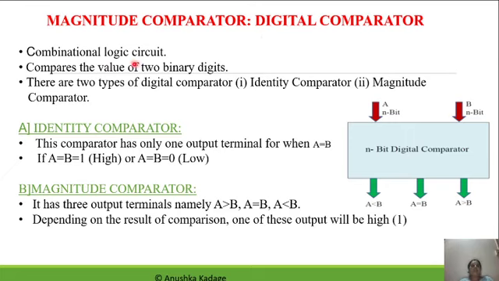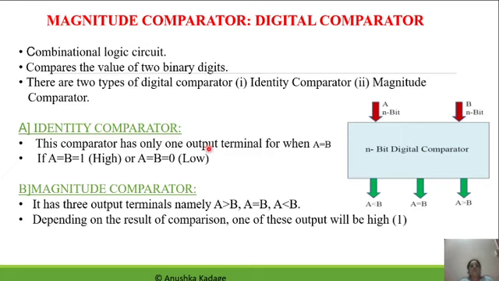That's why we say this digital comparator is going to compare the value of two binary digits. And there will be two types of digital comparators, based on how many output terminals it has for expressing the comparison result.